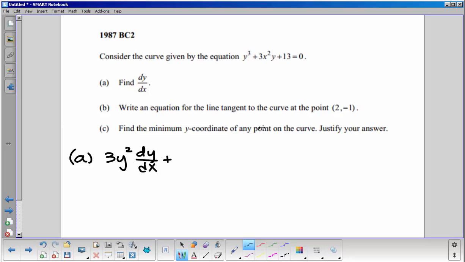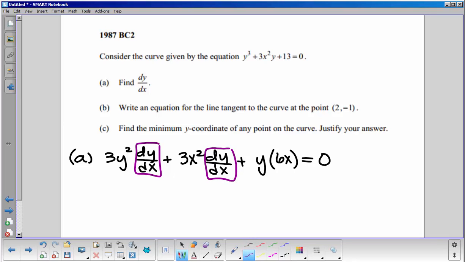Plus, now we're going to use the product rule, right? So first is 3x squared times the derivative of the second, which is dy dx, plus second, which is y, times the derivative of the first, which is 6x, plus the derivative of 13, which is 0. So this is equal to 0, and then we're going to solve for dy dx.